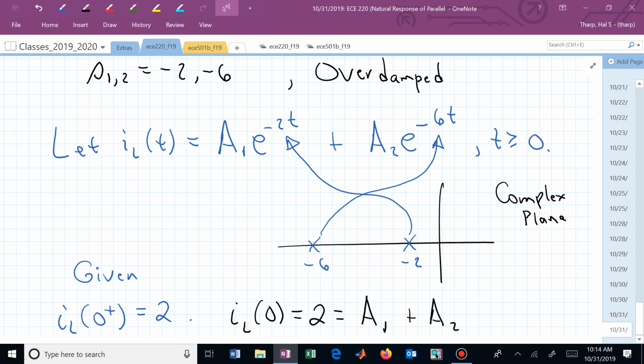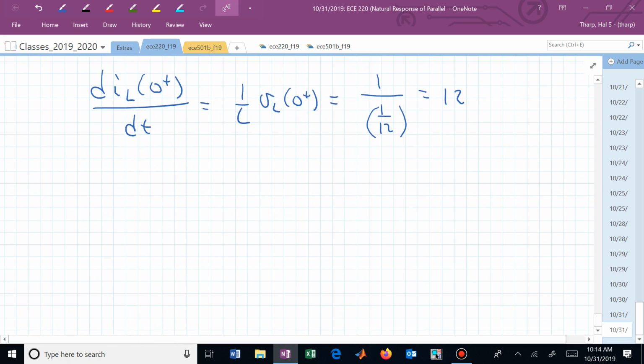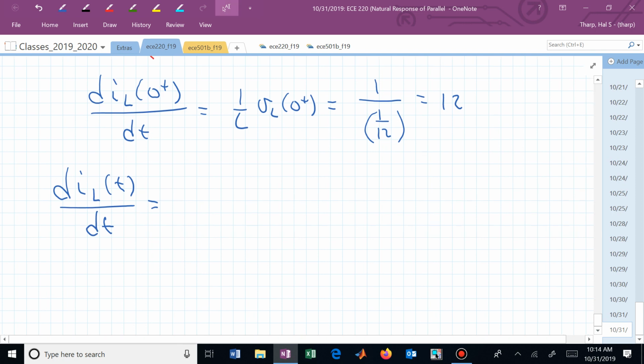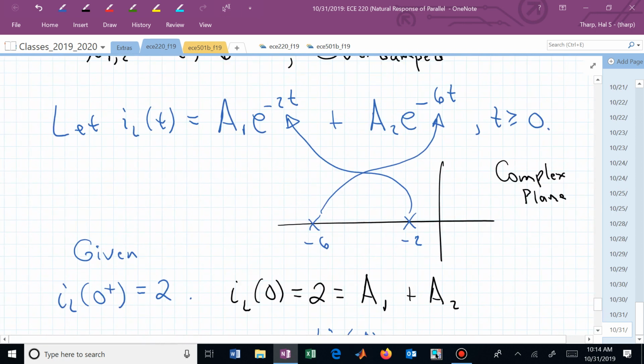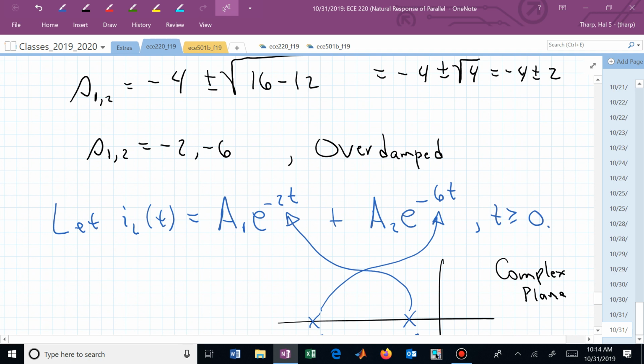Let's differentiate this I sub L of t. The derivative of I sub L of t is minus 2 a sub 1 e to the 2t minus 6 a sub 2 e to the minus 6t.